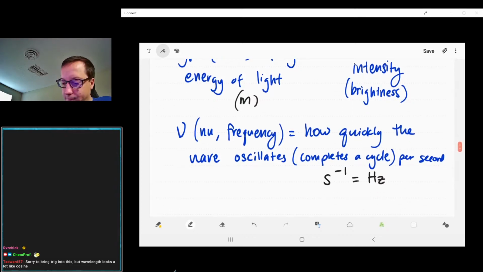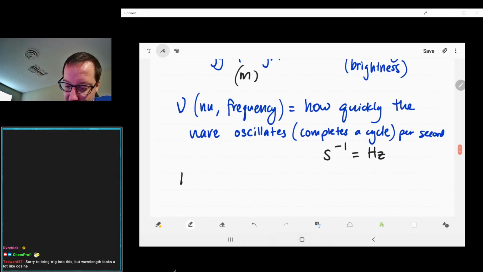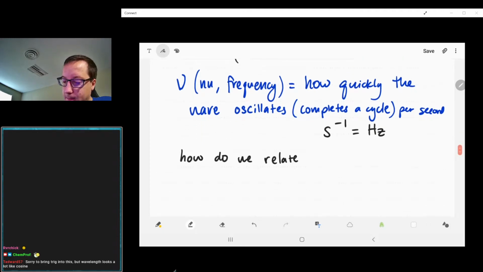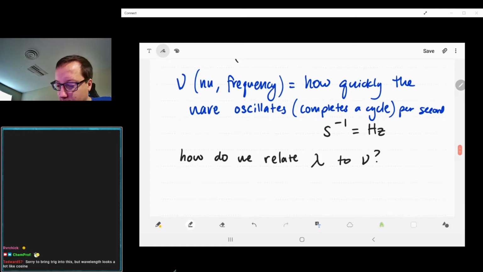So let's go ahead and see here. How can we relate the wavelength to the frequency? We're going to see we have a way to do this.